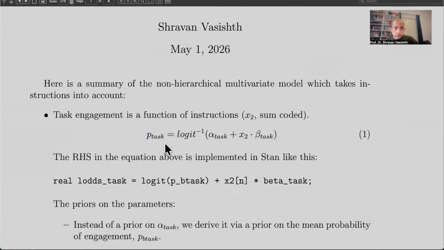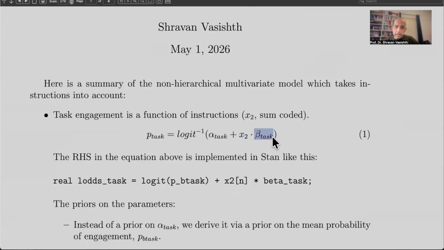So we are going to make the probability of task engagement a function of a grand average task engagement on the log scale, and the probability of task engagement will be modulated by this variable x2, which is the type of instruction being given, focus on speed or focus on accuracy.